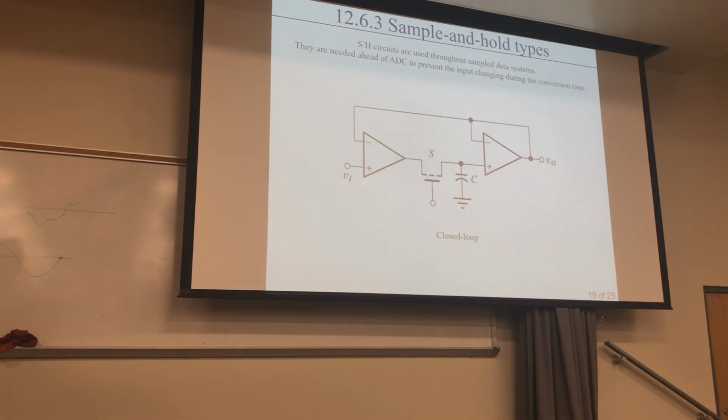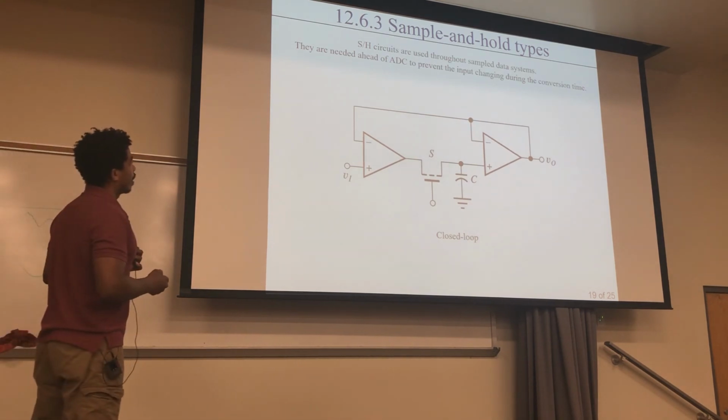This is the closed loop method, where you have your input signal coming over to here, which is copied down here and held right here. You have this switch. So once that opens, it holds it. If it's closed, it drains it through here.